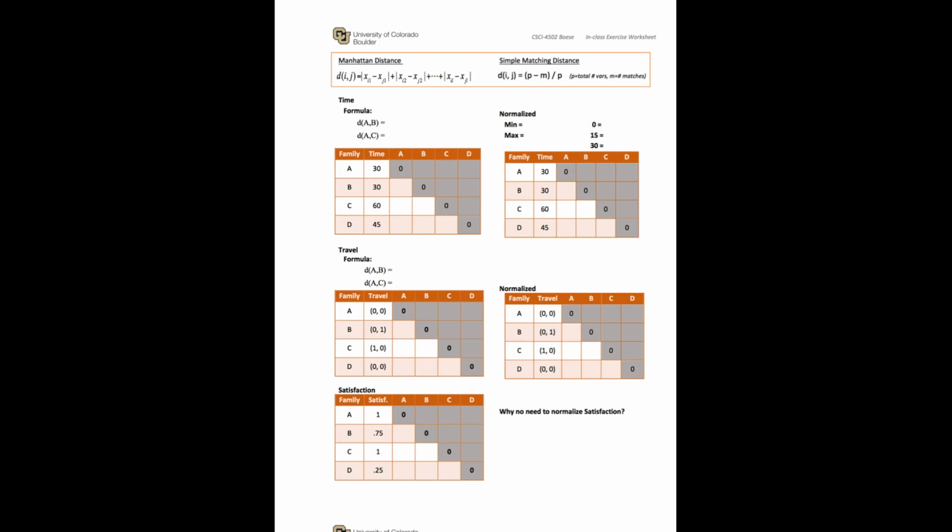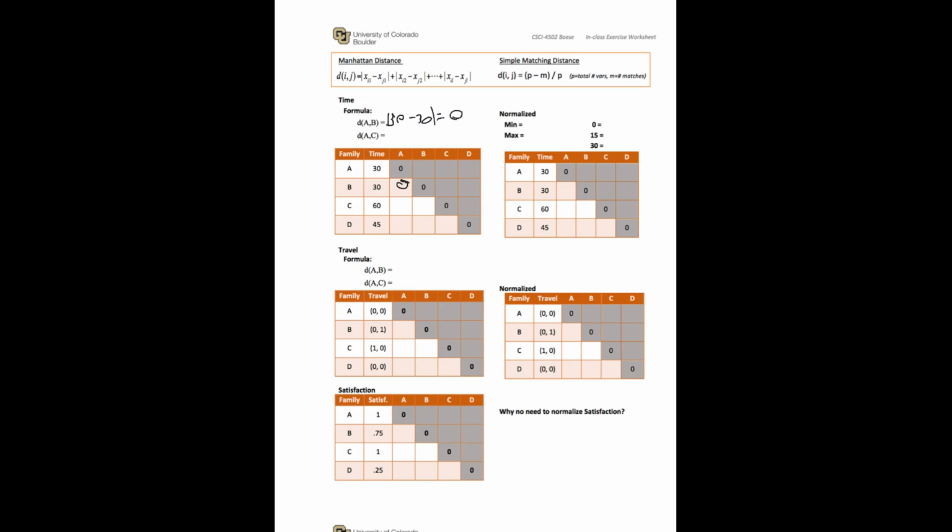So from A to B, we are looking for the absolute value, 30 minus 30, which gives us 0. So the difference between family A and family B as far as the time they spent is 0. There was no difference. So we're going to plug in a 0 here.